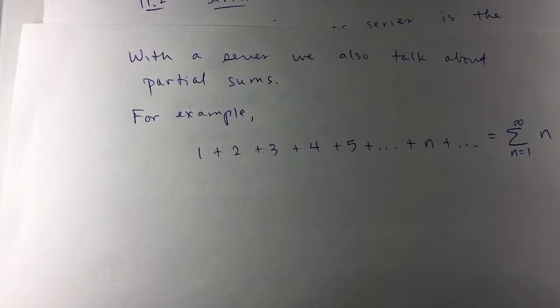So I'm looking at this one and I'm thinking, here's the big question for this chapter. Does this series converge or diverge? This one diverges. It's going to go to infinity. And the more and more terms I add, the bigger and bigger and bigger this gets.